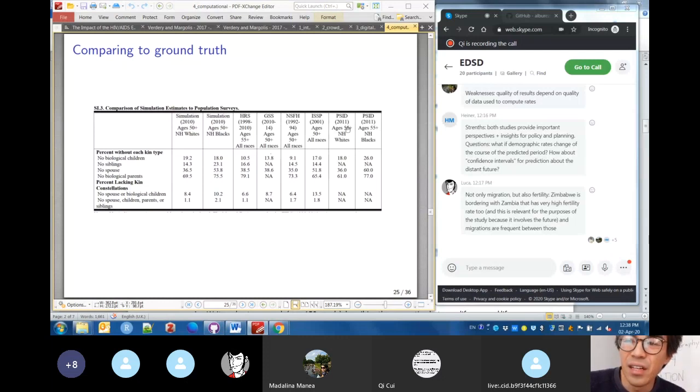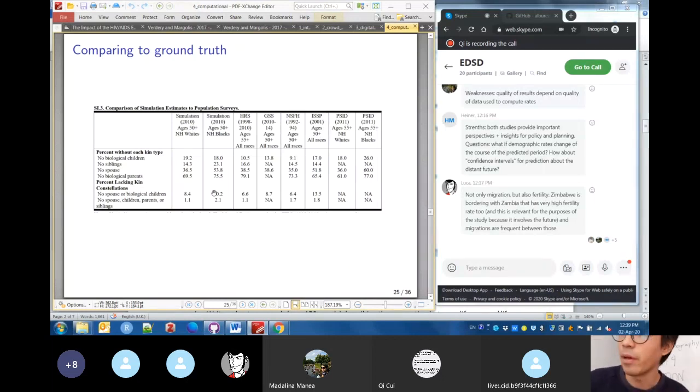The ages are not the same, and probably other things too, like surveys tend to be limited to the household, and the simulation is not. Actually the simulation doesn't have a household, you could include it, but this one doesn't. But they compare their simulation estimates to empirical estimates for the period that you can observe. The whole point of the paper is to show how this is going to evolve in the future. So you can be quite confident that if it worked for the year 2010, it's maybe also going to be okay for the year 2020.